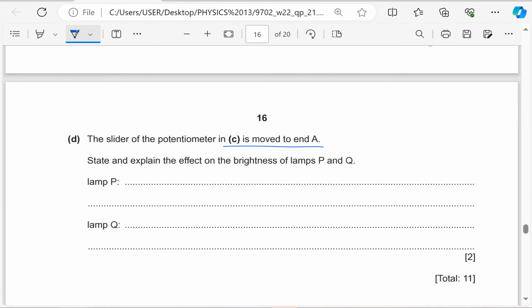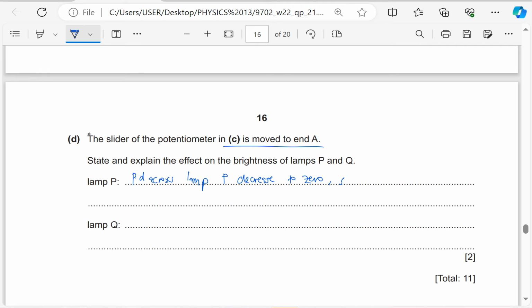So state and explain the effect on the brightness of lamps P and Q. So if it is moved to end A, we are reducing the PD across P. By the time we reach A, the PD across P goes to 0 because they're in parallel, they are directly proportional. So I'm saying the PD across lamp P decreases to 0 because the PD depends on the length of that part AB, or from the slider to A. If the length goes to 0, the PD across lamp P is 0 because they're in parallel.